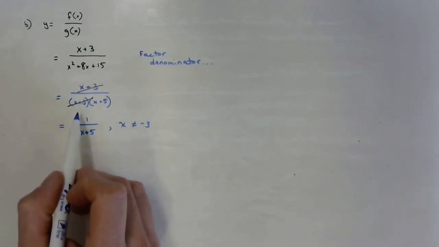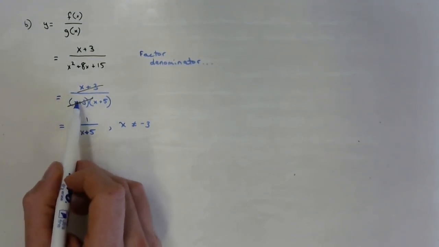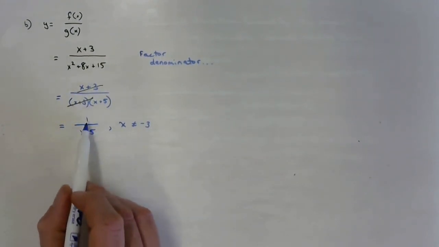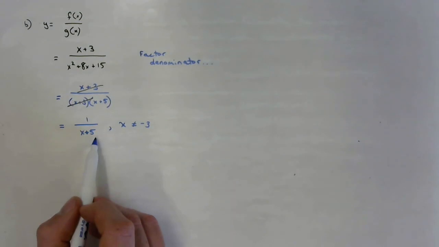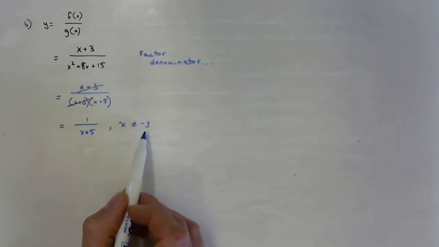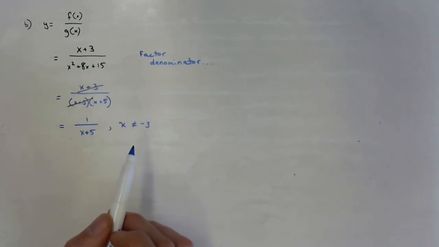Anytime that the variable or a factor is in the denominator, we need to carry that through. So basically the function will look like 1 over x plus 5, but there will be a gap at x equals -3.